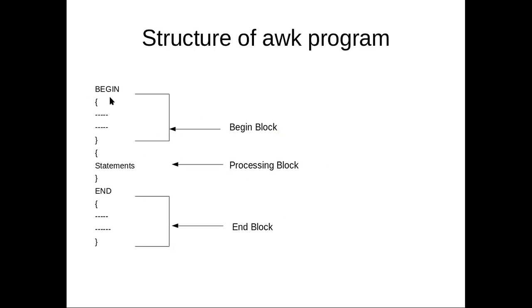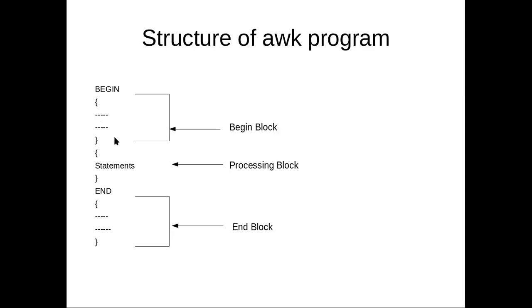Usually when we are writing a program, if we are initializing some variables, for example using one count variable, we initialize it as 0. Those initialization statements can be written in the begin block. So it starts with the begin block. The keyword is BEGIN, in capital letters. Whatever initialization statements we are mentioning in the block have to be within the open and closed curly braces.